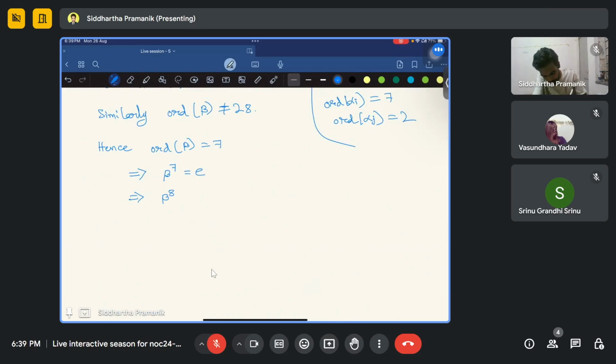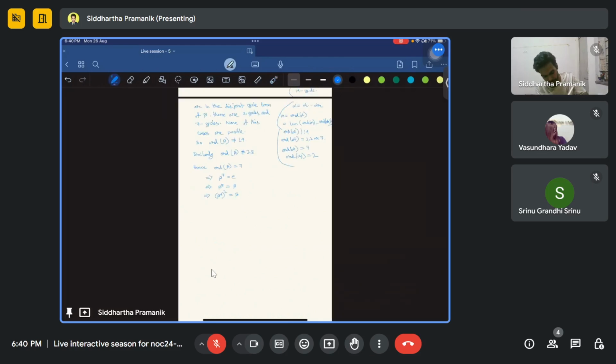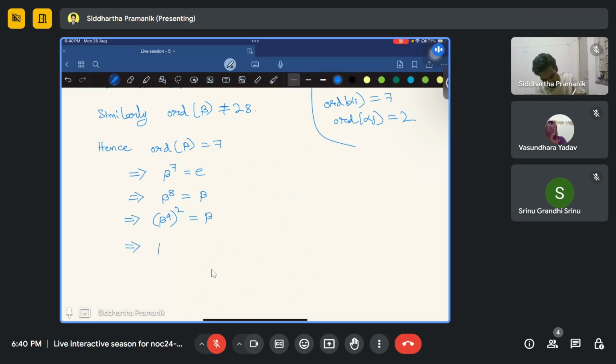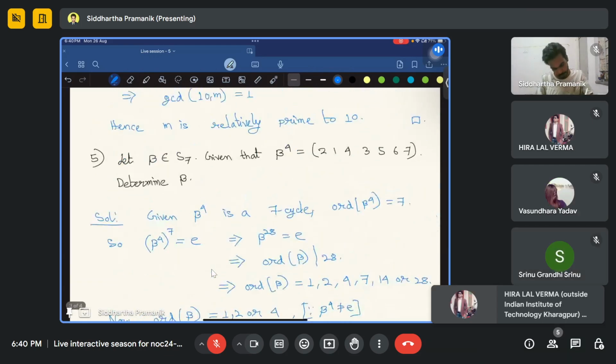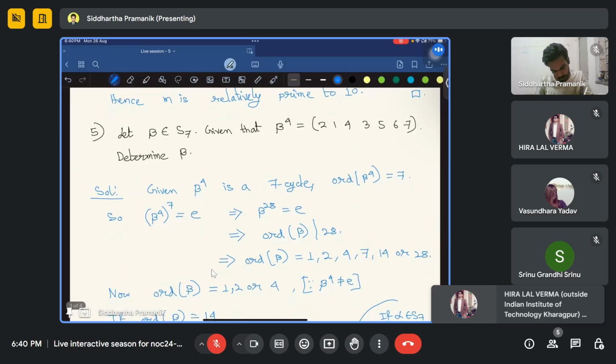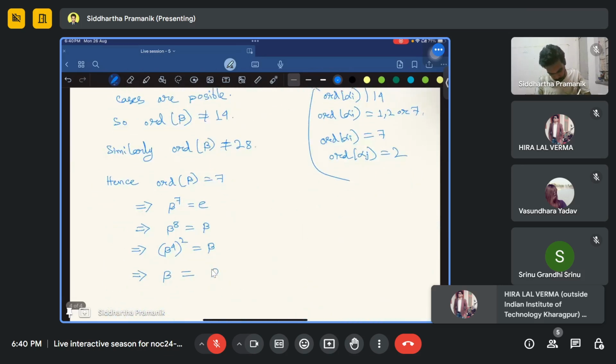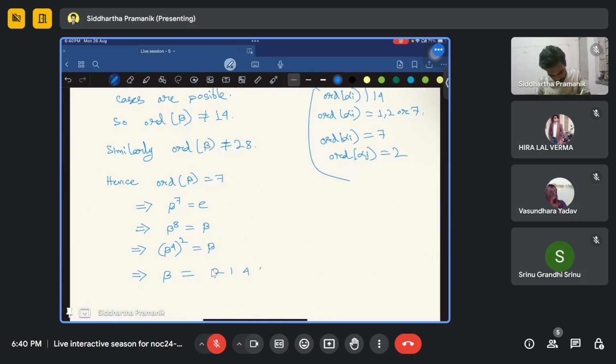So beta power 8 is equal to beta, but on the left hand side it is equal to beta power 4 squared. So beta is the same as beta power 4 squared, and beta power 4 is given. So this implies beta is equal to, let me write what beta power 4 is, 2 1 4 3 5 6 7.